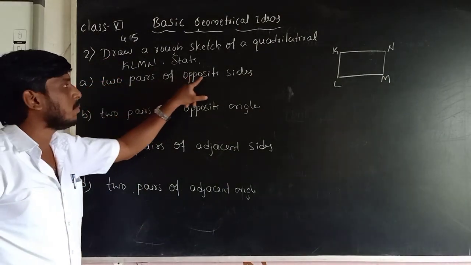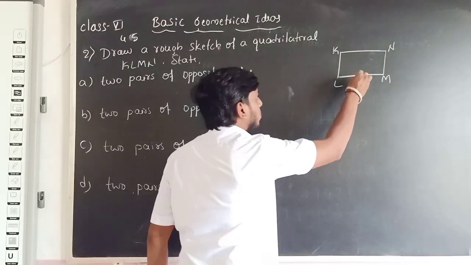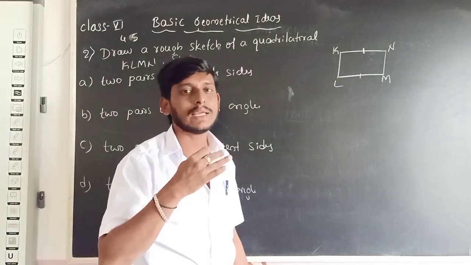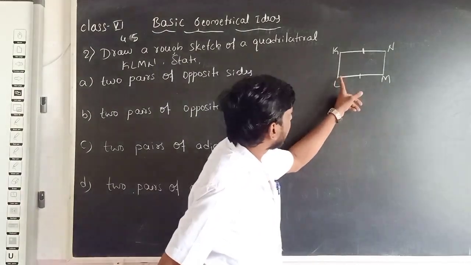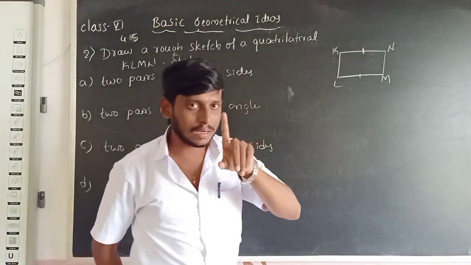Two pairs of opposite sides. As you know, these two are called opposite sides. Opposite means like opponent candidates. Here LM and KN are opposite. This is one pair.